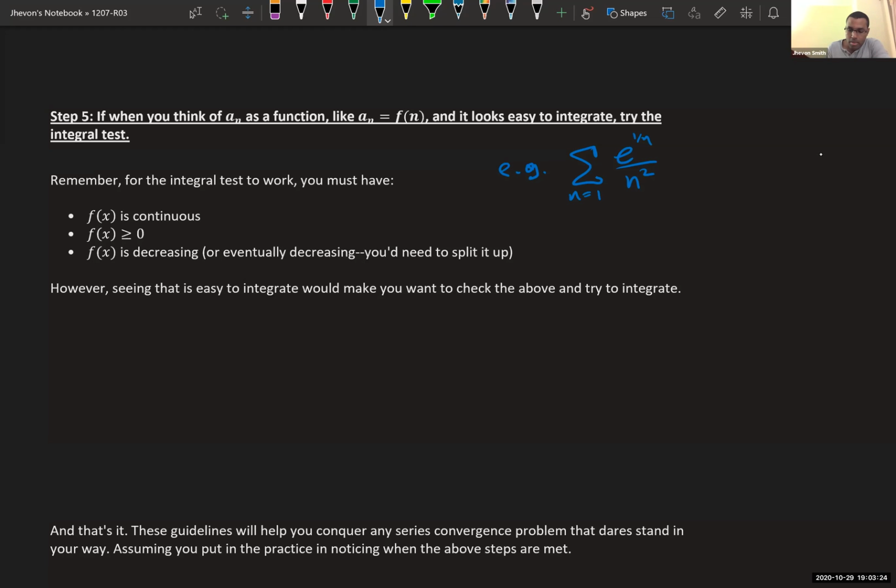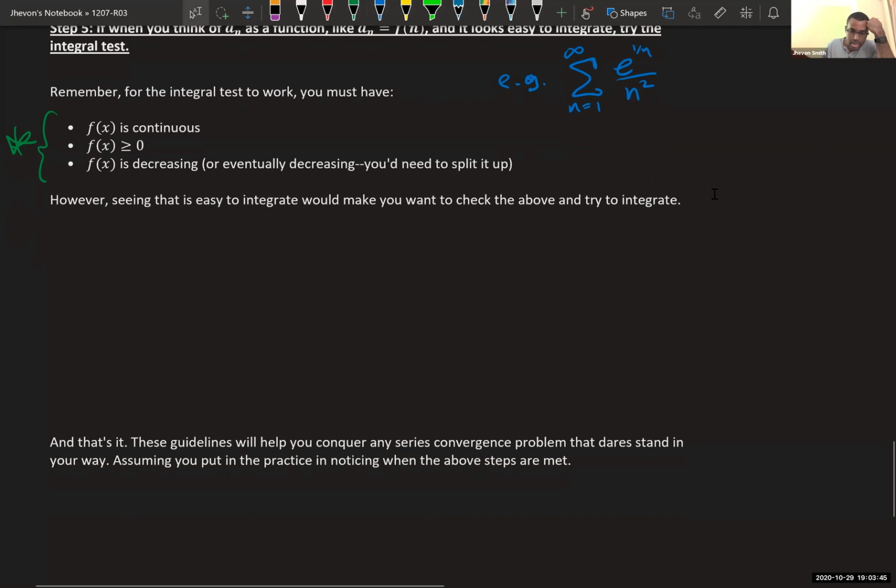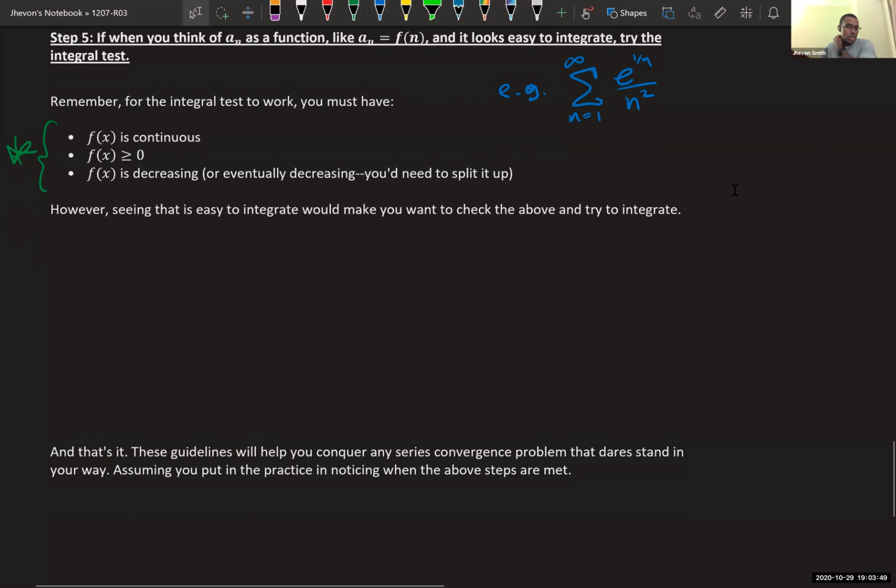Looks like a very complicated thing, but I can integrate that pretty easily. u equals 1 over n, and the integral is nice. Then just make sure that you do check these conditions have to work. So it has to be continuous, has to be positive, has to be decreasing. And that's basically it. So that's how you'd actually go about the strategy.